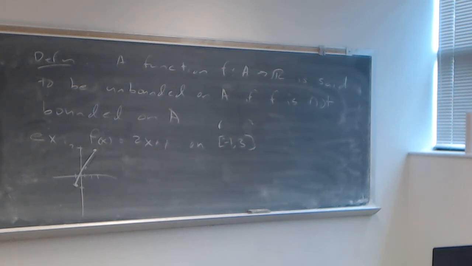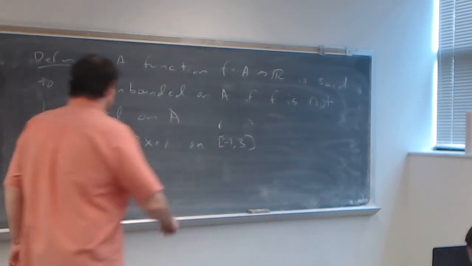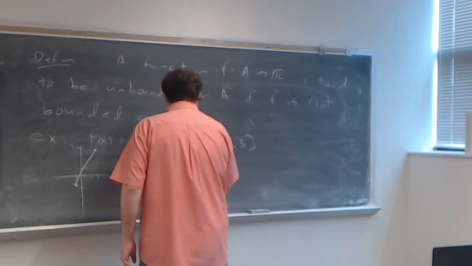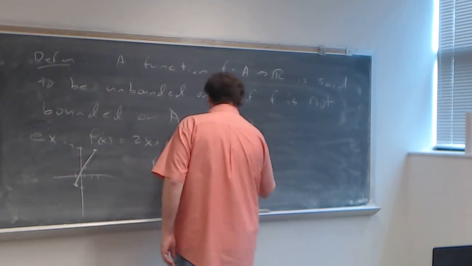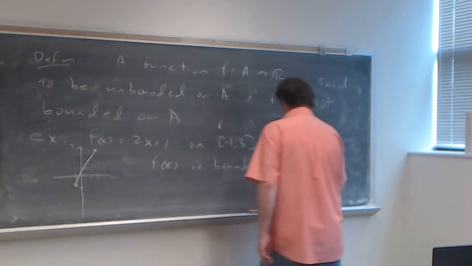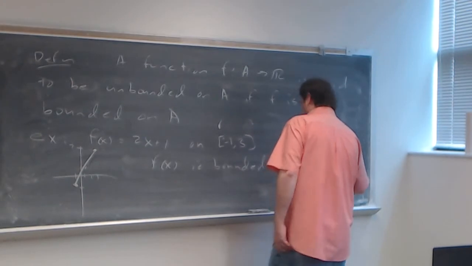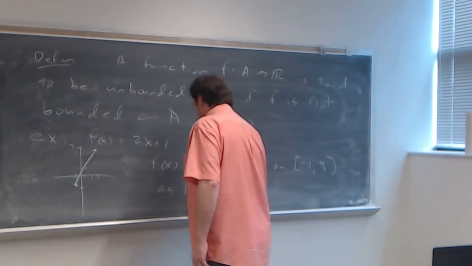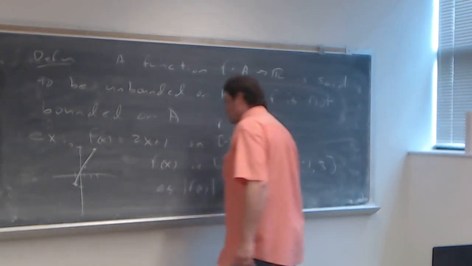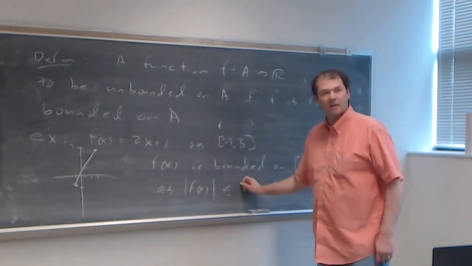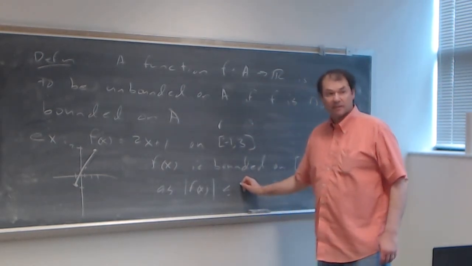And if you said, I'm looking at that, is that bounded? f of x is bounded on minus 1 to 3 as the absolute value of f of x is always going to be less than or equal to what number? There's lots of numbers, infinitely many.